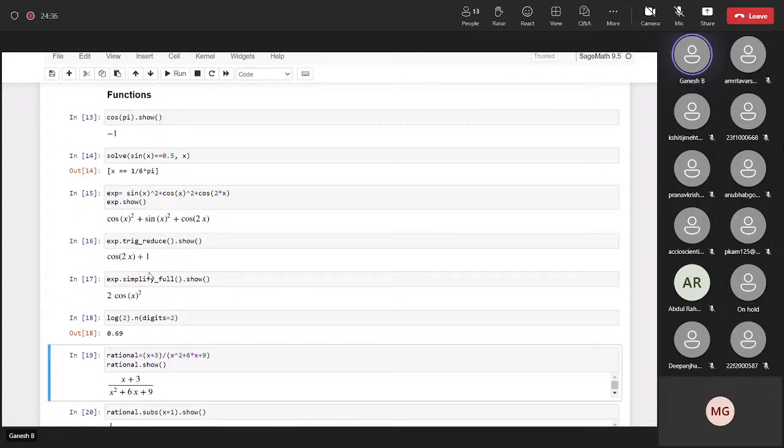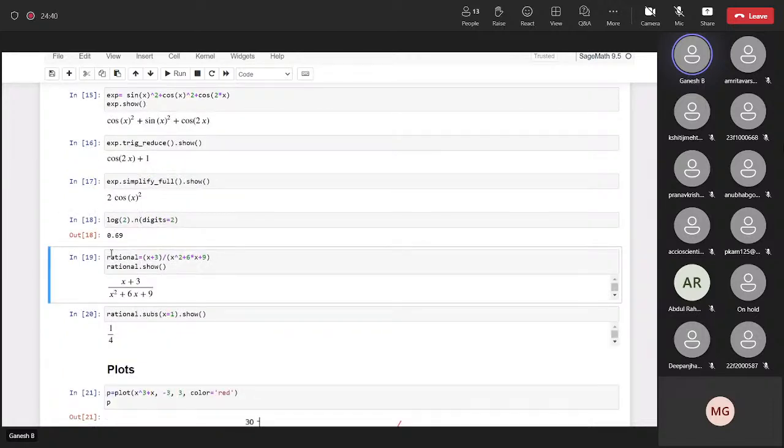And again, there are logarithmic functions as well. So log of 2 is the natural log. You can define other bases as well. If I just say log 2, it just shows you log 2. It doesn't show you the value. I'm emphasizing this again and again.